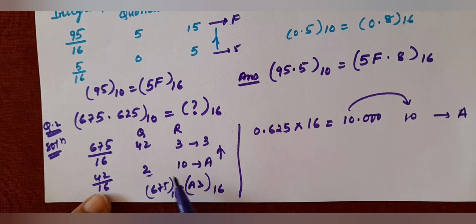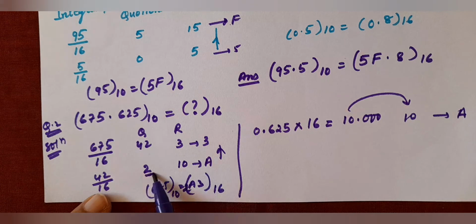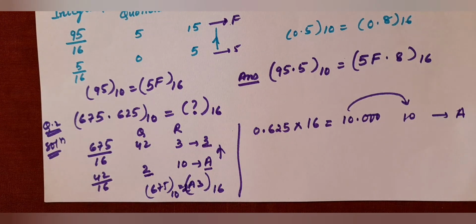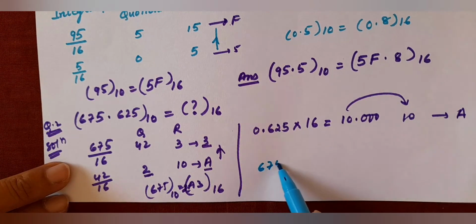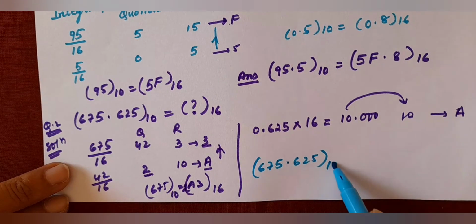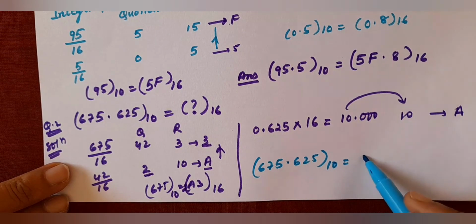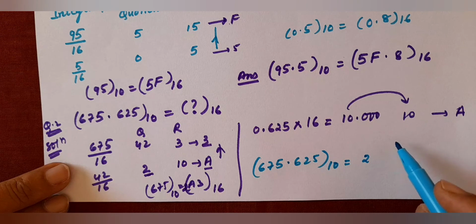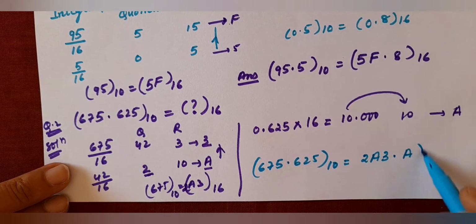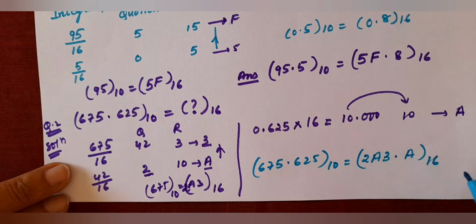So you have to include this 2 also. So you have to read the numbers 2, A and 3. What is the complete answer now for this? 675.625 decimal is converted to 2A3.A in hexadecimal.